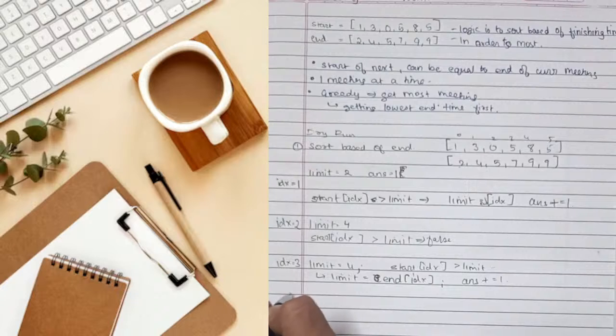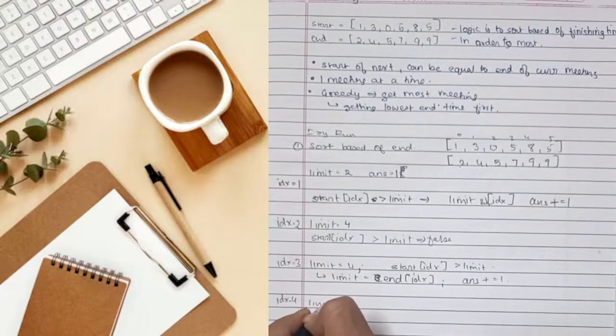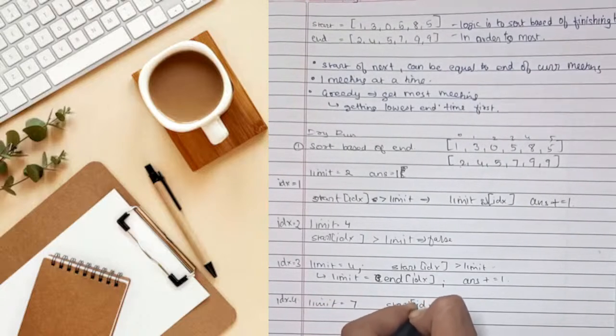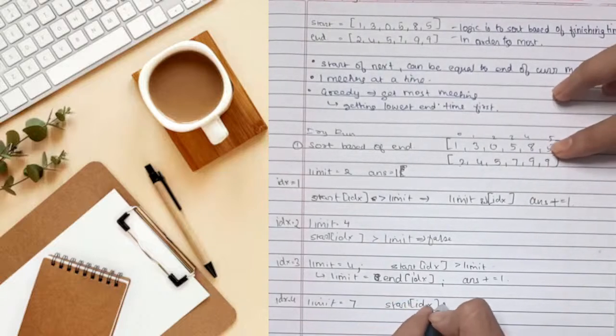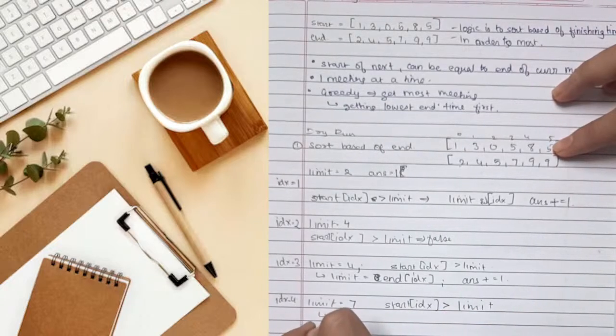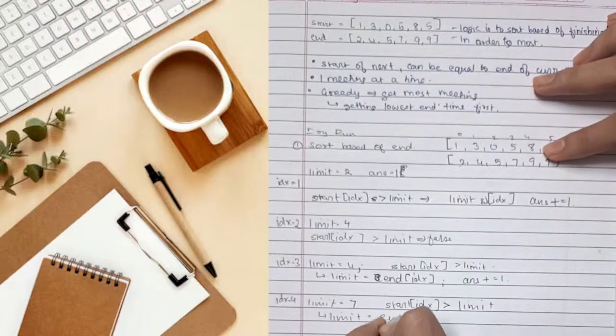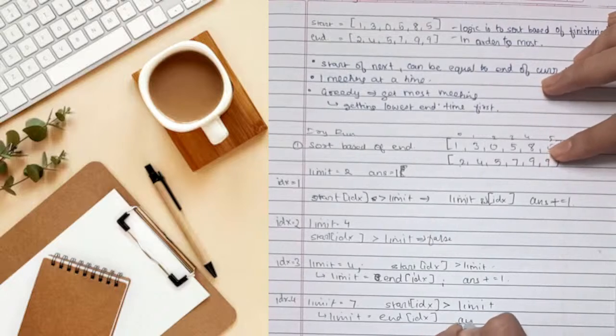Then, in the fourth index, limit is equal to 7 and start of index 4 is greater than limit. It is true. So we will update limit to the end of index 4, which is 9. Answer plus equals 1. So it's currently 4.